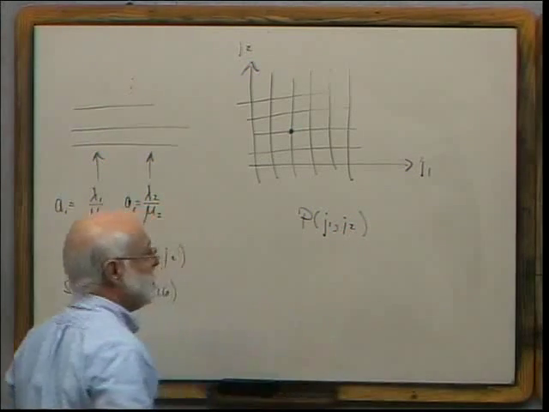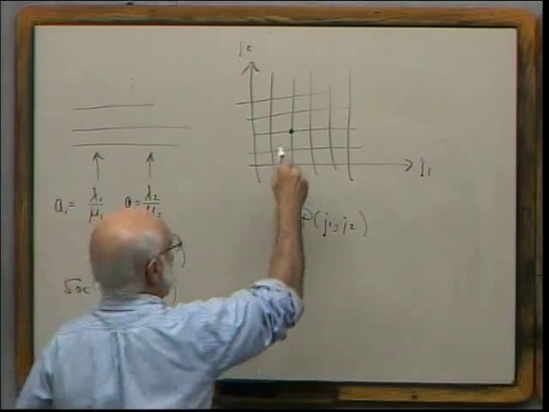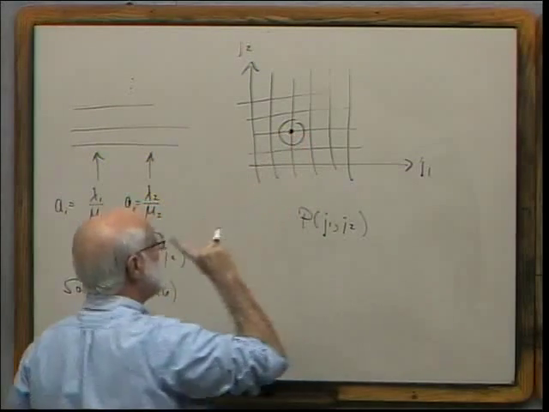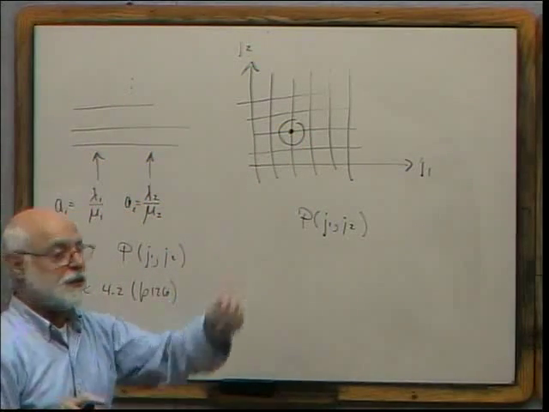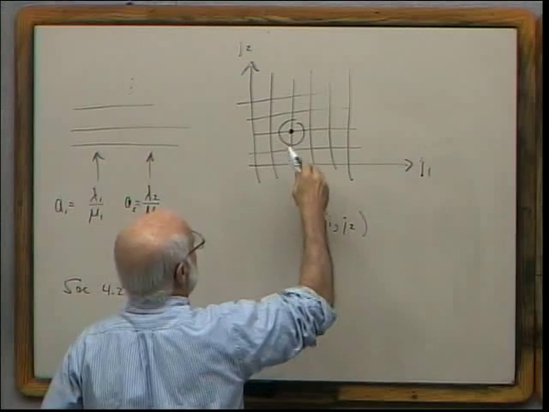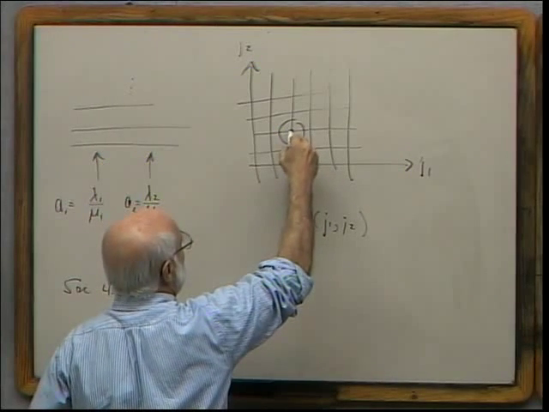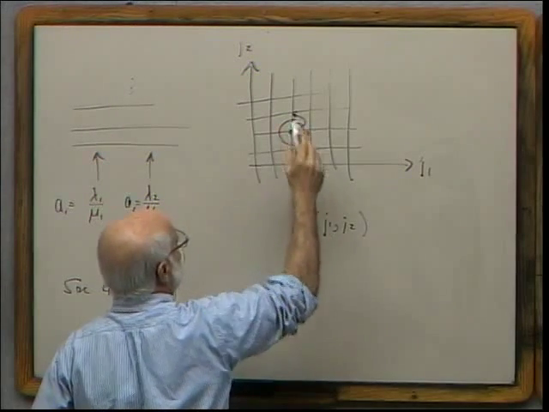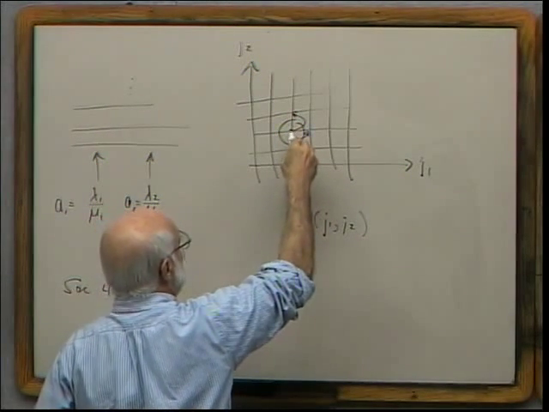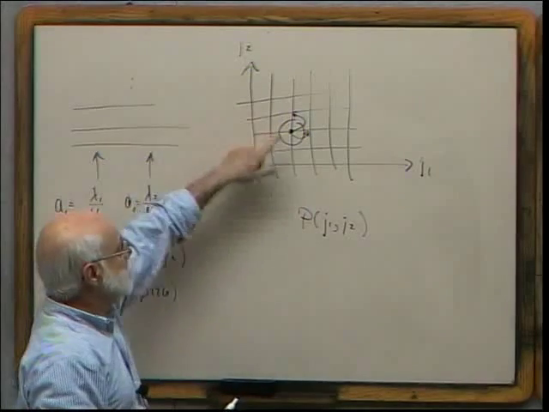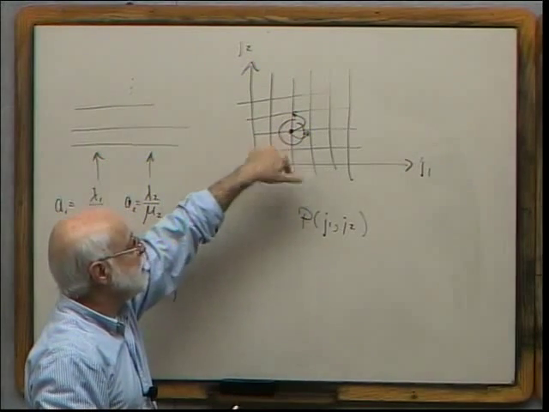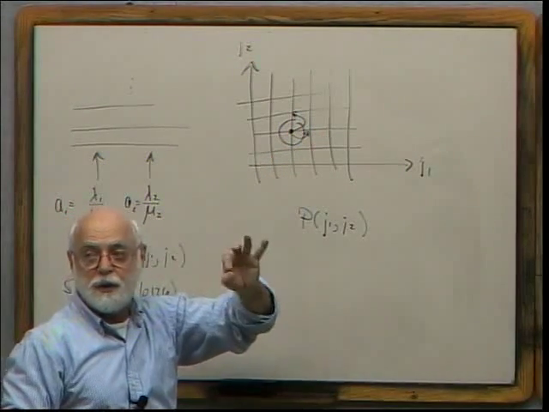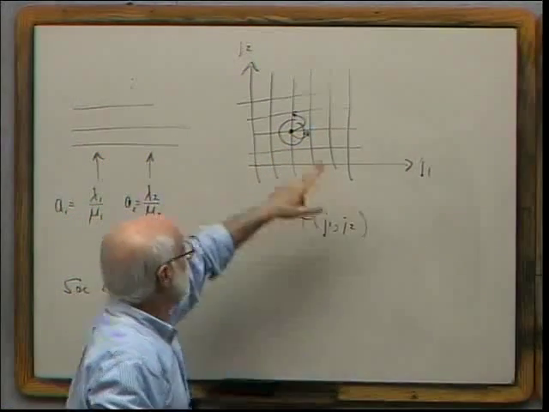So I'll imagine that I draw a circle around here, like in physics where you have flux. Then I leave that state and go from it to neighboring states, like there, and so forth. I'm going to equate the rate at which I flow across this boundary, the rate at which I leave it to enter neighboring states, to the rate at which I cross the boundary going in the other direction from the neighboring states.